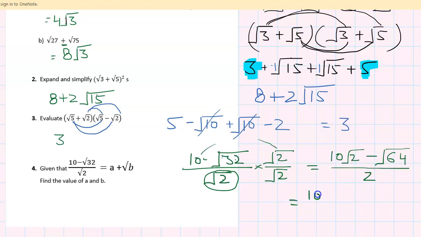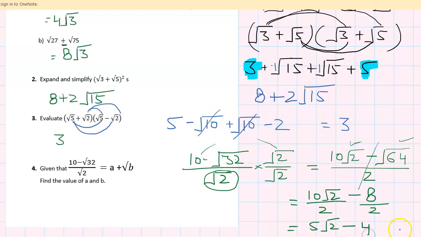So this is 10 root 2 minus, you know that root 64 is 8, 8 times 8 is 64, and this 2 can be divided, 2 is going to divide this and 2 is going to divide this, so that is going to be 5 root 2 minus 4.